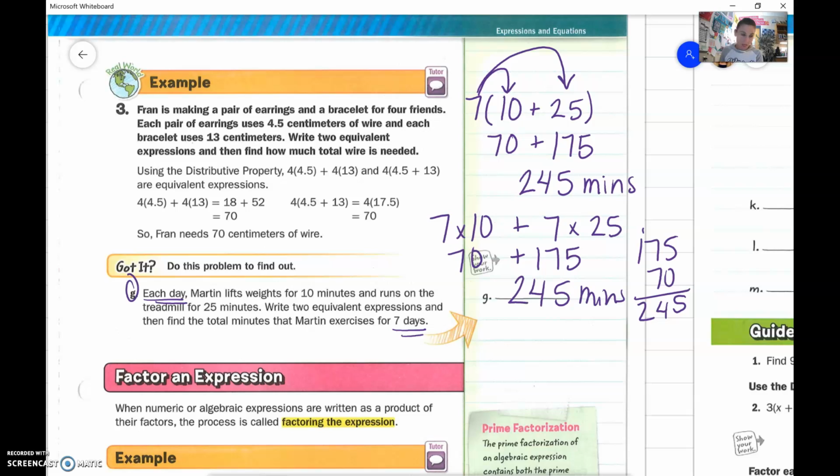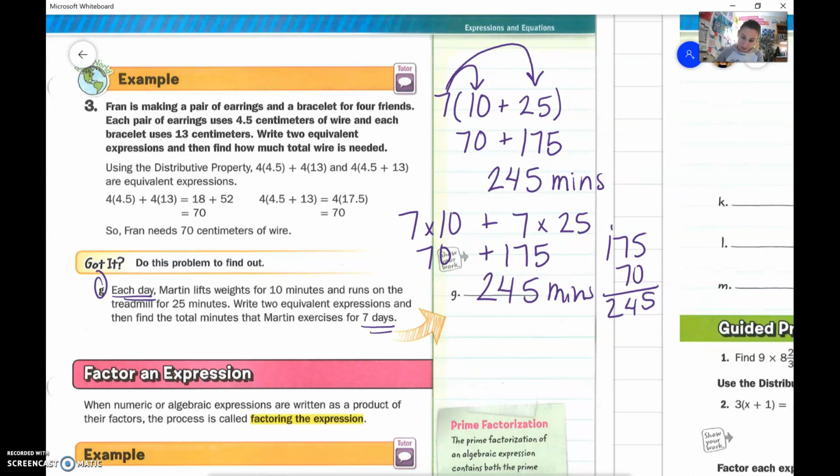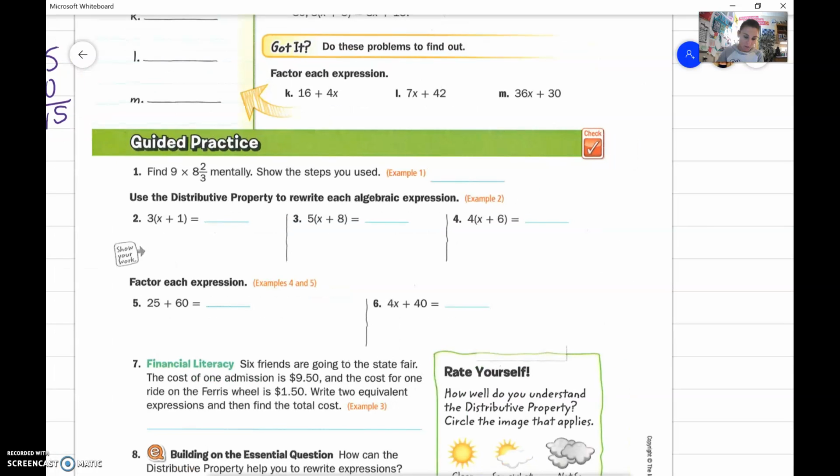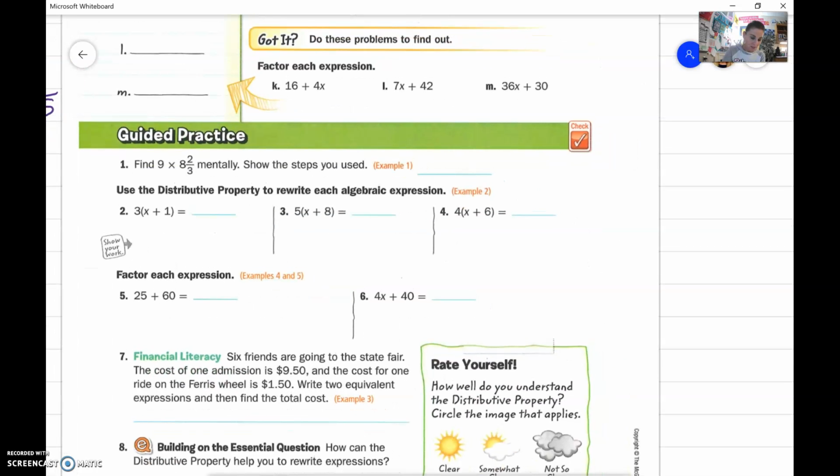All right, let's move over to the next page on the guided practice. We're going to do these problems together. So let's take a look at number 2. We are not going to do number 1, but we're going to take a look at 2, 3, and 4. So we're going to distribute this.